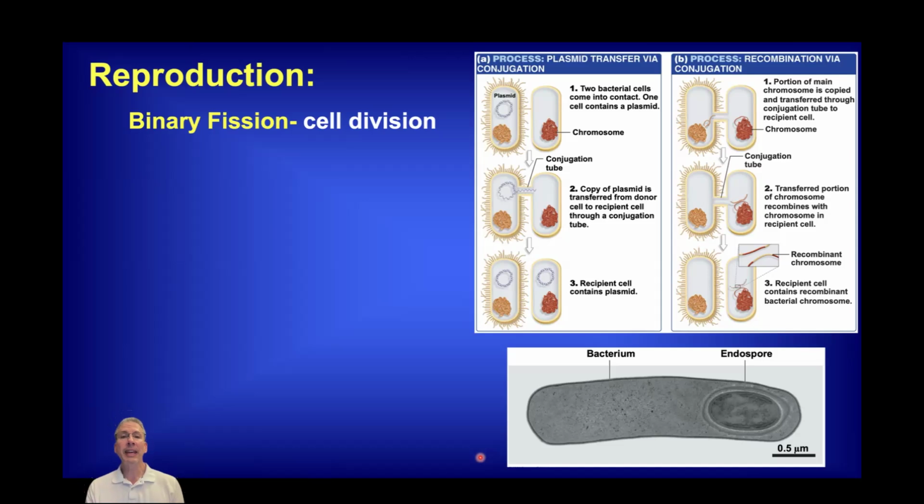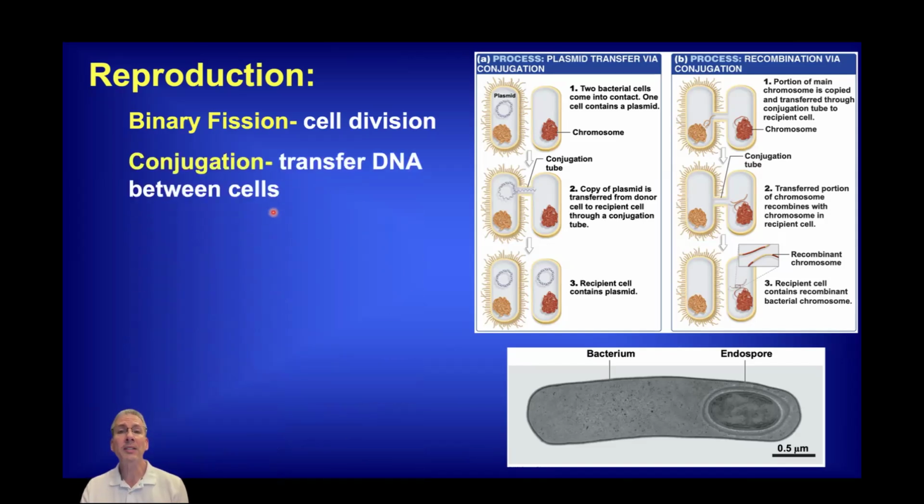That simply indicates that their chromosome replicates, and then the whole entire cell will divide into two separate cells. So sort of like mitosis, but again, they don't have chromosomes like we do. But bottom line is, through binary fission, you simply produce genetically identical copies of the cell that you're starting with.